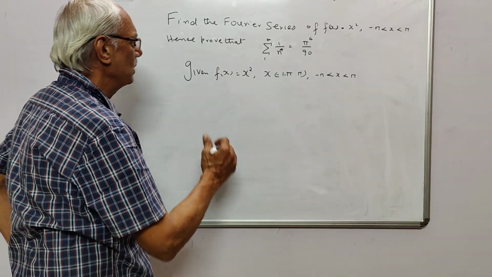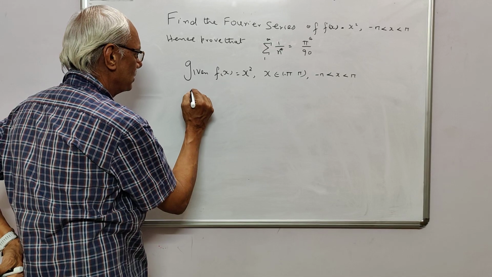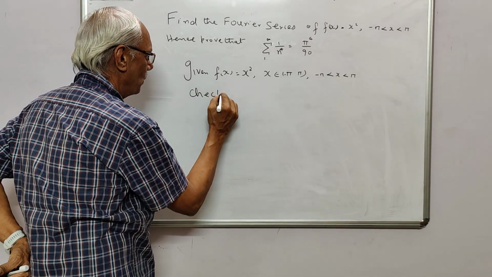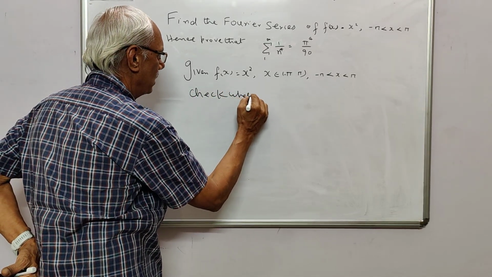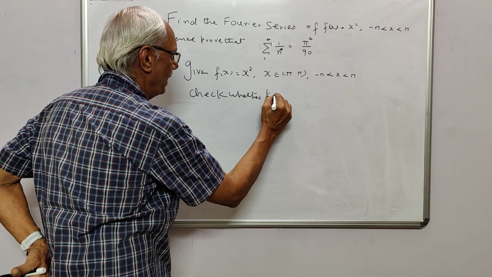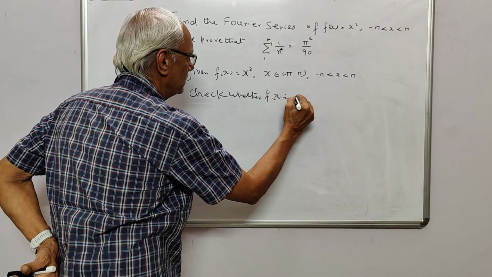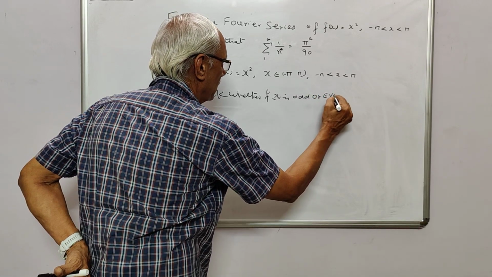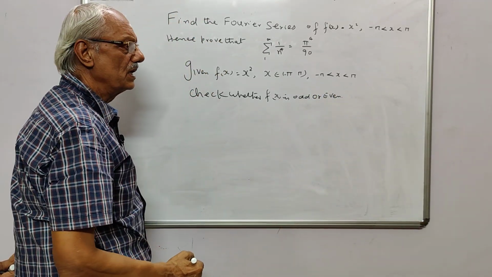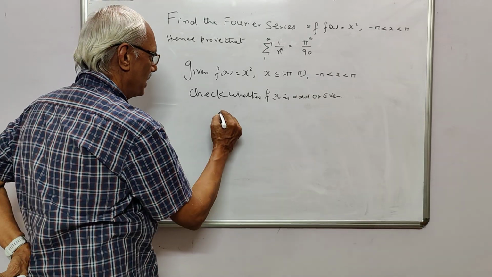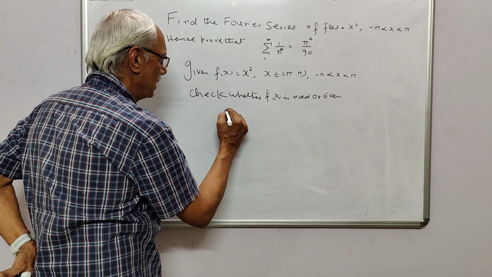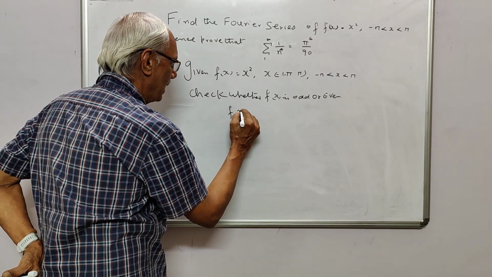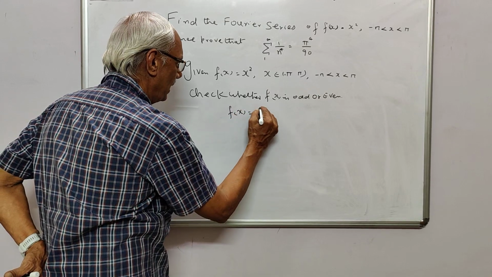Now, as I told you, first check whether f of x is odd or even. What is the check? f of x is equal to x squared.